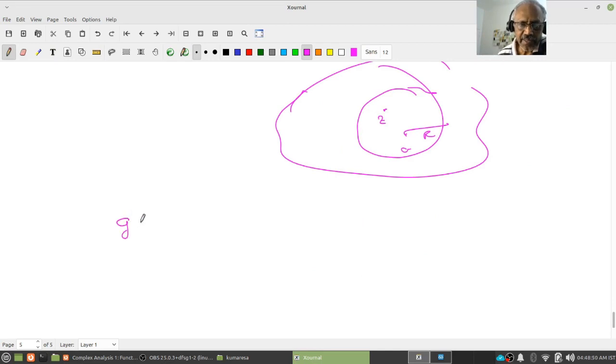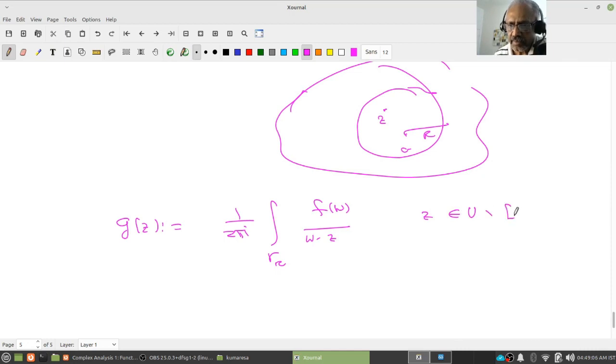Let us define a function g of z equal to 1 by 2 pi i times the integral over gamma r of f of w by w minus z, where z is in U minus gamma. Remember, f is holomorphic on all of U, therefore f is a continuous function. And z is not on the path, then we know this is analytic.